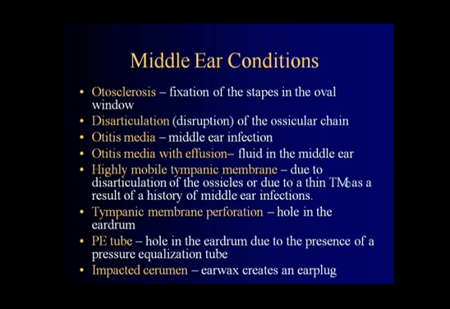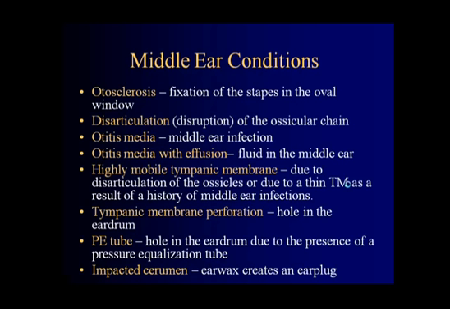Well, you can have a history of the fluid building up to such a point that it bursts through the tympanic membrane and causes a hole. When the perforation in the TM heals, the membrane now is a little thin in the site where you had the perforation. And that can result in a highly mobile tympanic membrane.